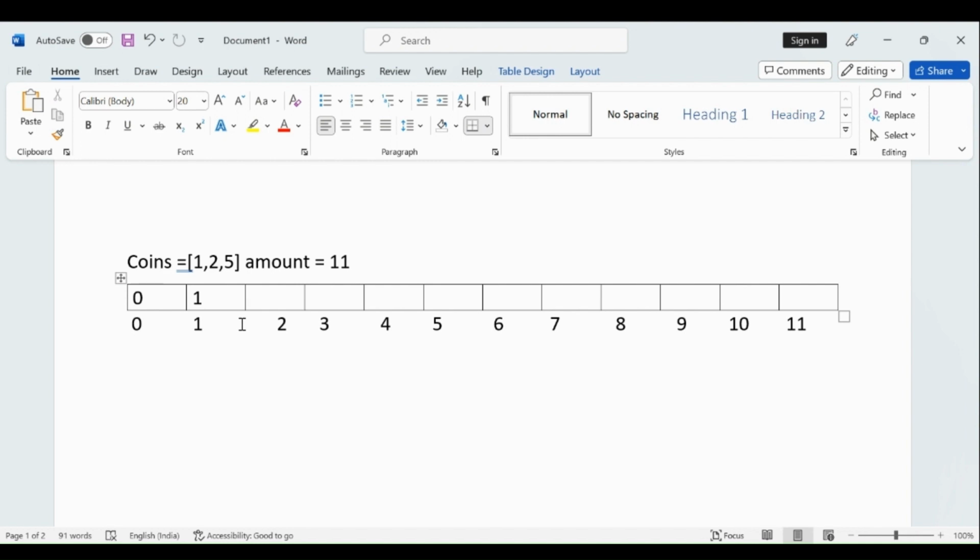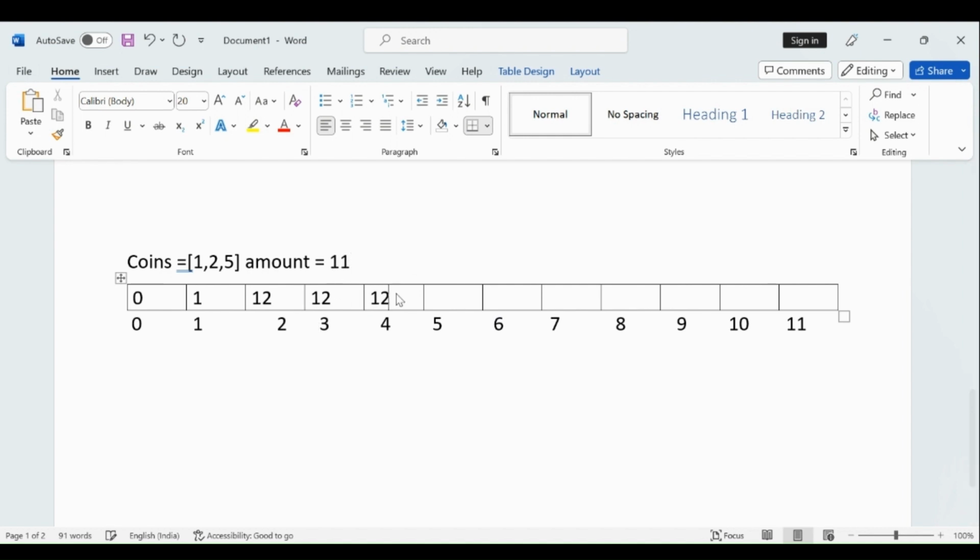Now similarly for each and every amount, let's fill in an arbitrary maximum number so that we can minimize it while solving the problem. Let's say we fill in 12, which is amount plus 1, because the minimum number of coins can never exceed the amount.